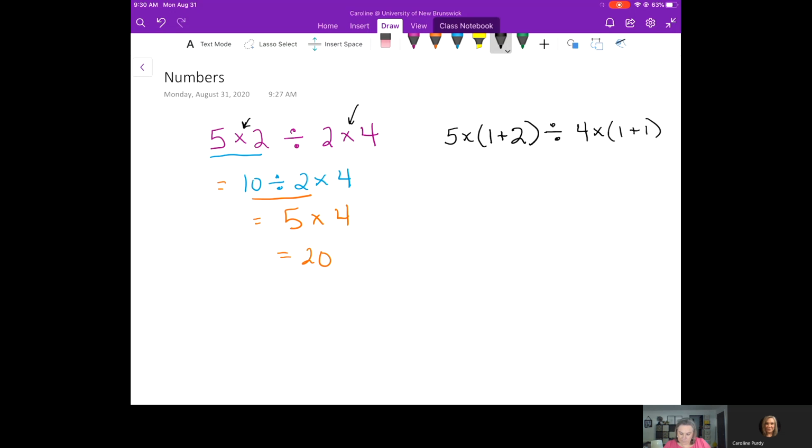You can see these are multiplication signs in here. And so first we do the inside of the brackets. So we'll do these two and I'll rewrite everything else. So 5 times 3 divided by 4 times 2.